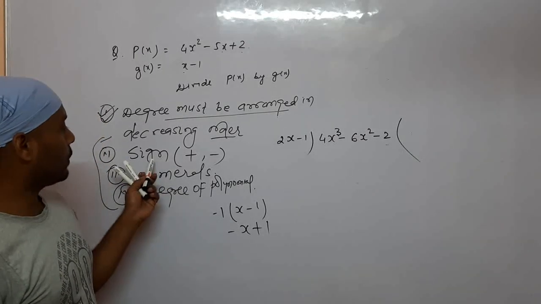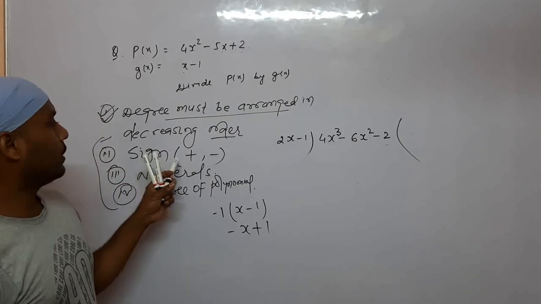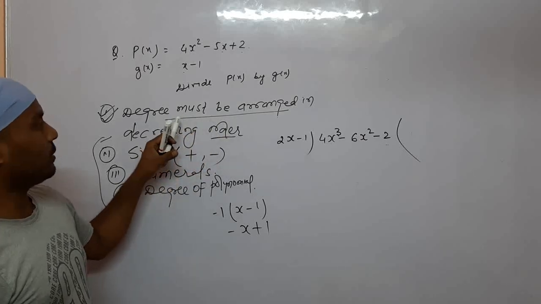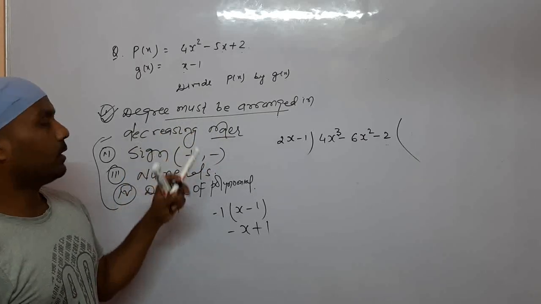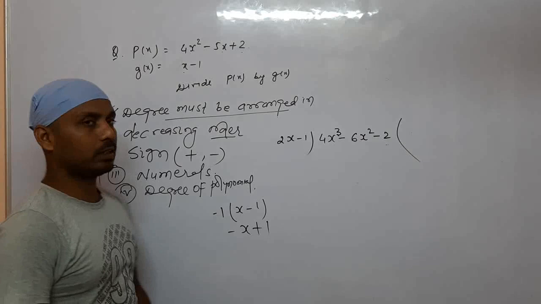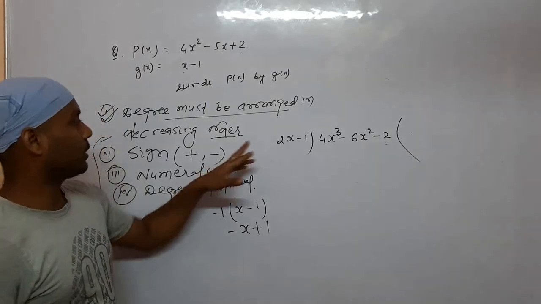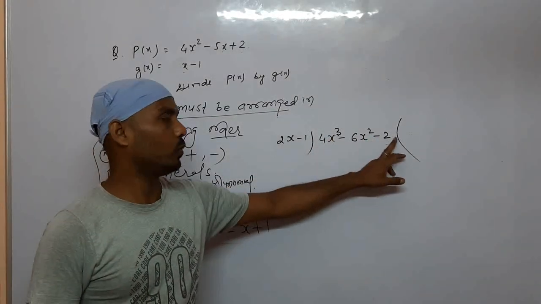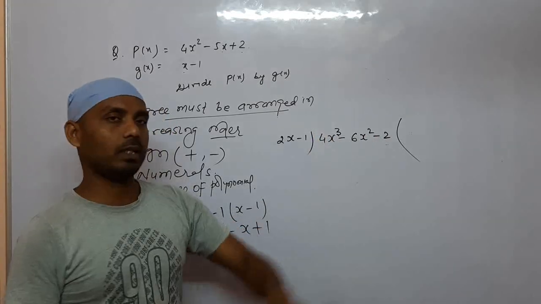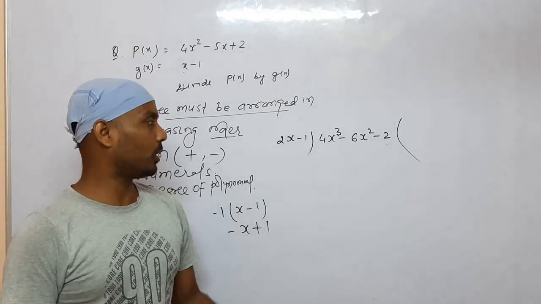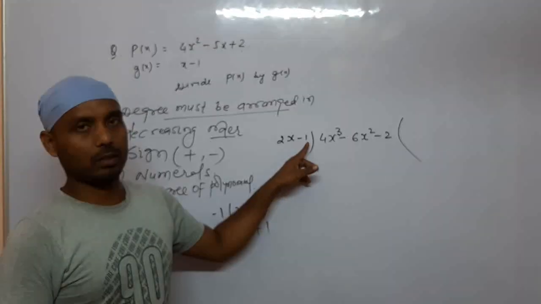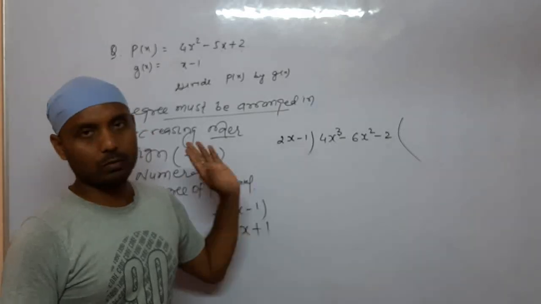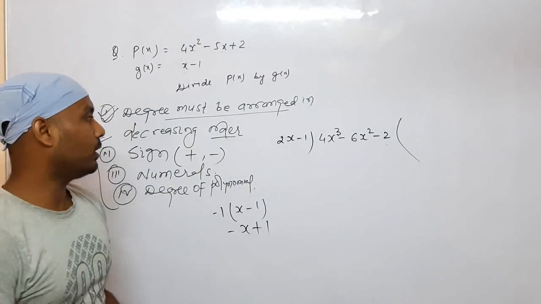First of all, you have to see the arrangement of the degrees of the polynomial, whether it is arranged or not. Here the degree is 3 to 0, which means the degrees are in decreasing order.